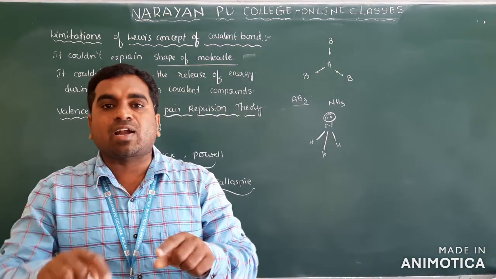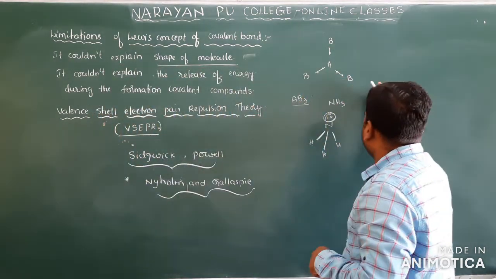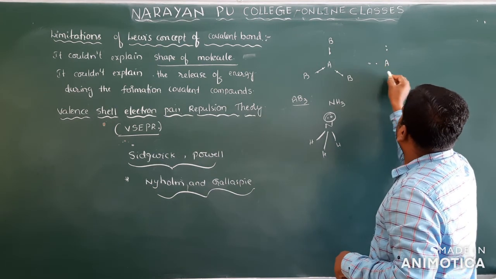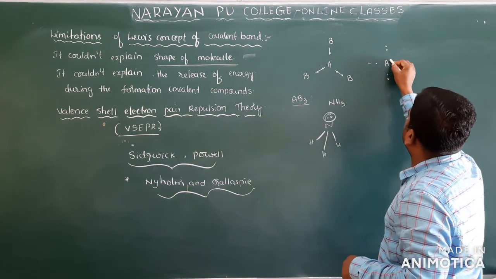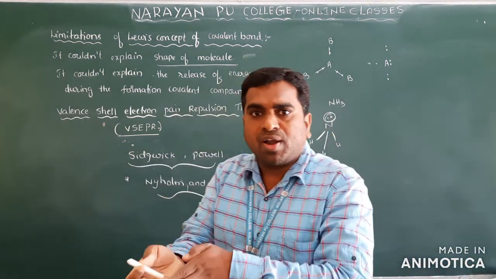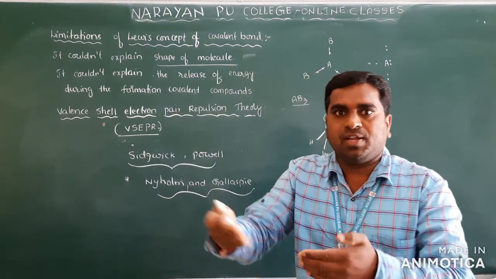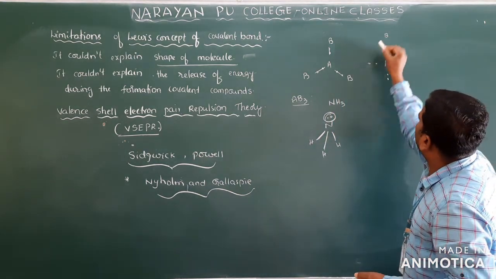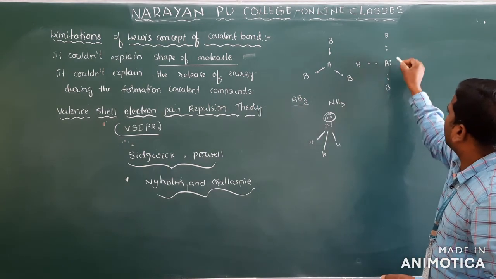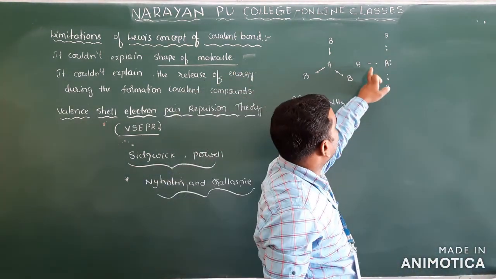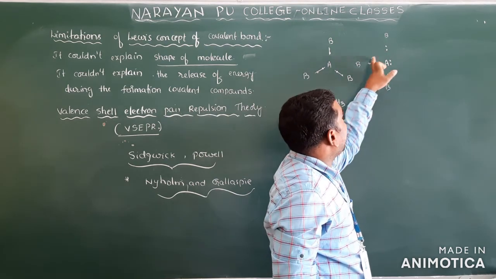Lone pair means non-bonding electrons which do not participate in bond formation. So I will write B, B and B here, and one lone pair is there. The central atom is surrounded by pairs of electrons.